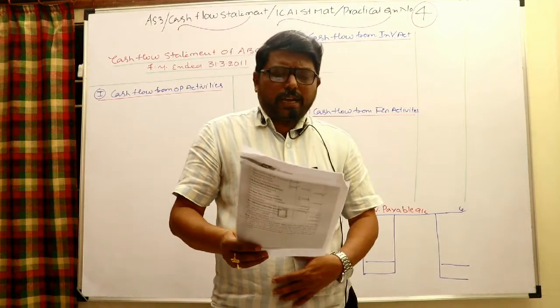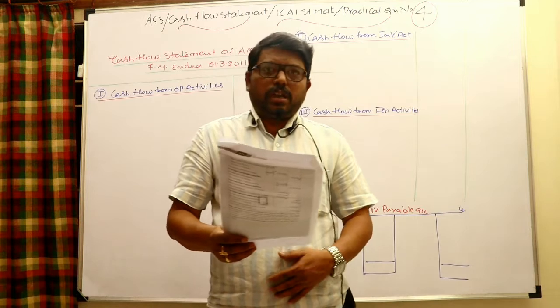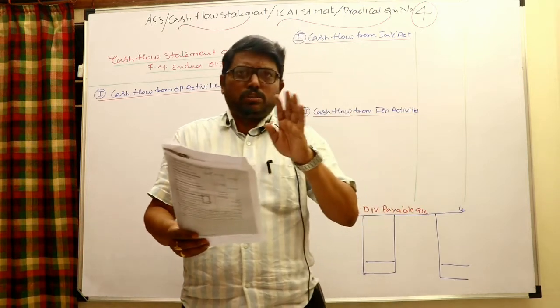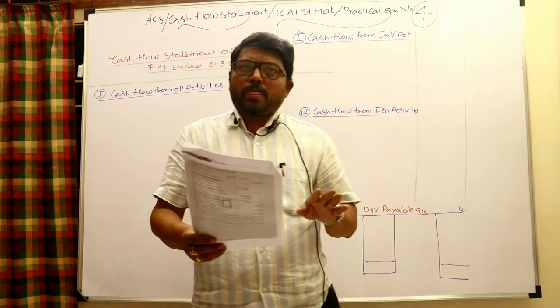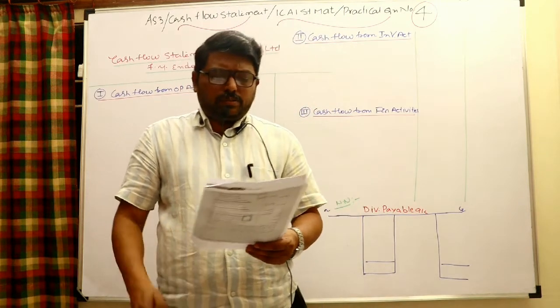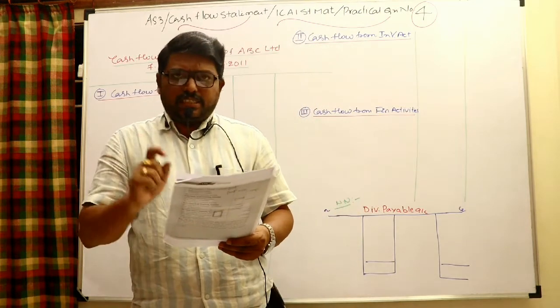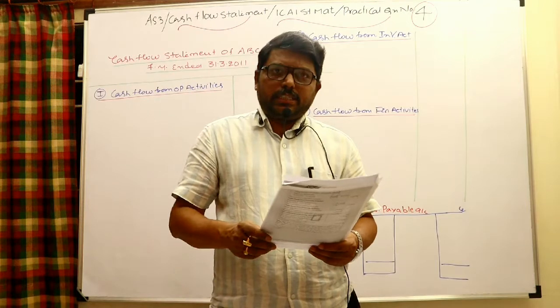Look at that. First of all, capital in the beginning and ending is the same, 50 lakhs, which means there is no issue of capital during this year. Simply ignore it. Retained earnings are 26 lakh 50,000 in the beginning and 36 lakh 90,000 at the end. There is an increase in retained earnings, which is the difference.